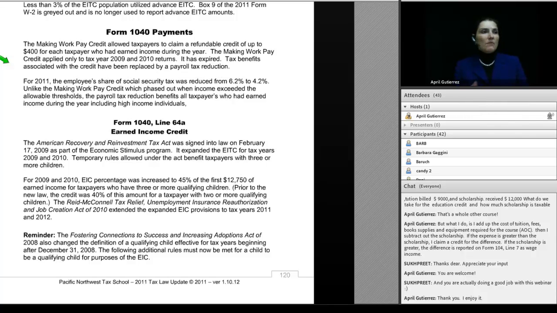So your average middle income working individual throughout the year might earn $50,000 and have X amount of withholding. Well, that X amount of withholding was reduced by $400, and it was made up for at the end of the year by giving the offsetting credit.